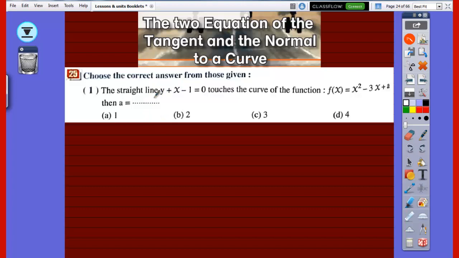So the slope of the straight line y plus x minus 1 equals 0 equals the slope of the tangent to the curve x squared minus 3x plus a, and also they have a common point.